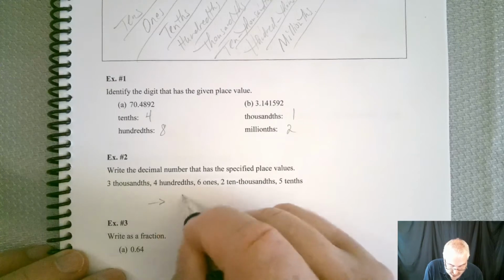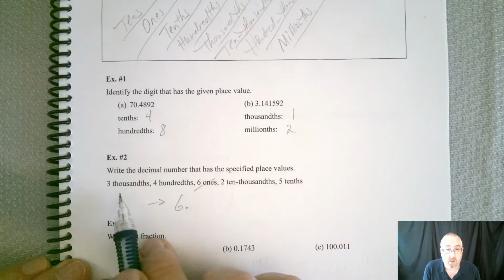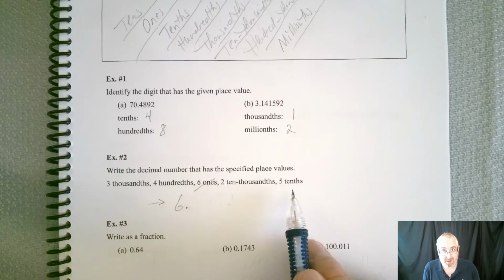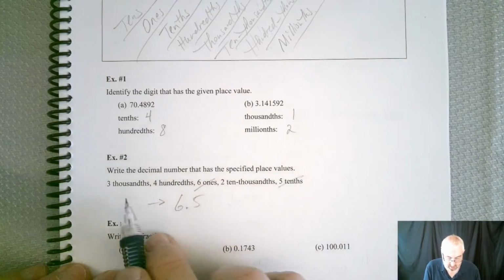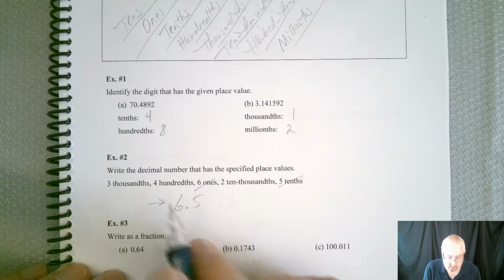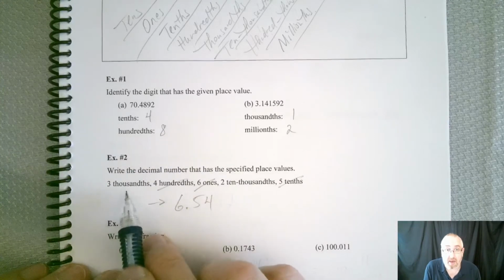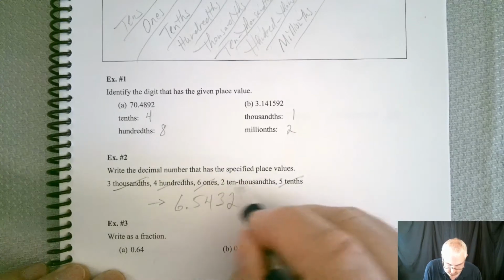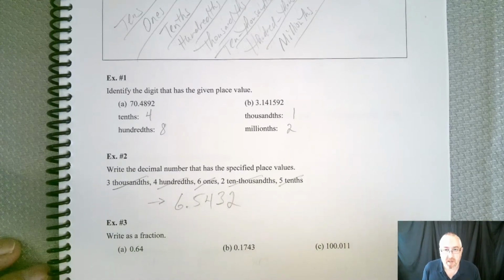So we should get a 6 point, and if you want to cross them off, that's not a bad idea. So which one goes next? Tenths, remember, is the first one to the right. So 5 goes there, and then hundredths goes next, so that's going to be the 4. And then the thousandths has to go, and then the 2 is last. So that would be your number. So again, as long as you're careful with those place values, it's not a bad problem.